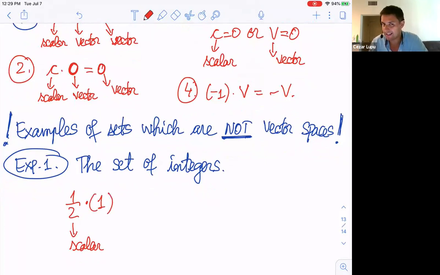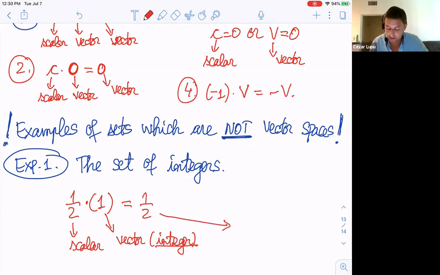Pay attention. The scalars and the vectors are kind of the same thing here. This is the vector, but in this case it is an integer. I want to stress this. This is very important. And when you multiply 1/2 times 1 you get 1/2.